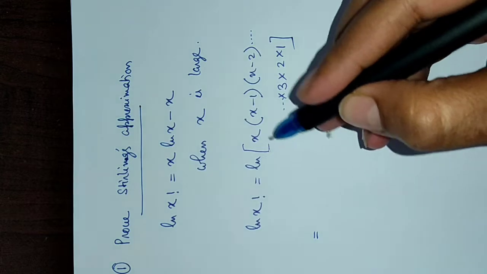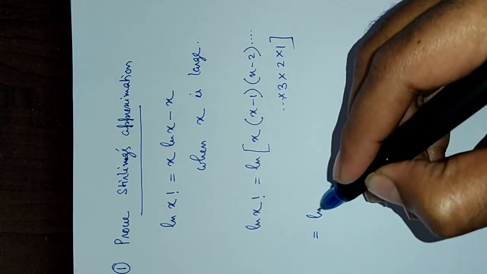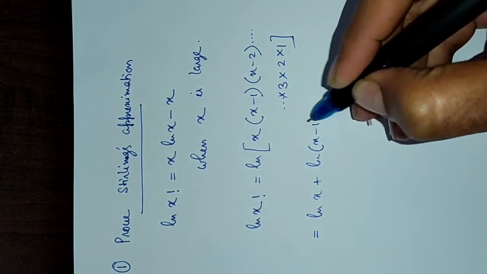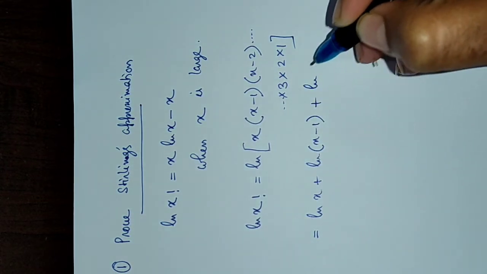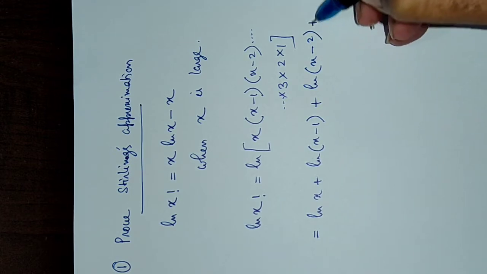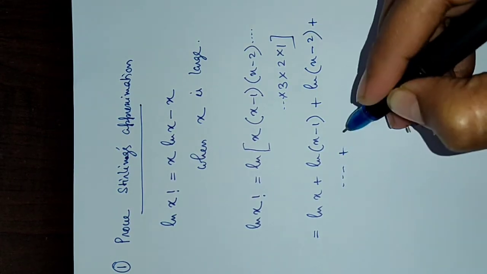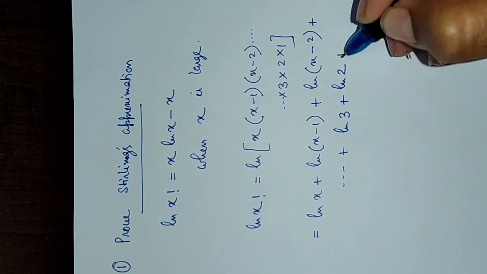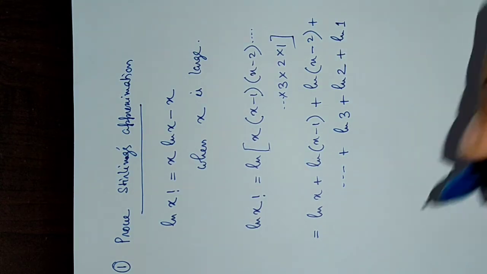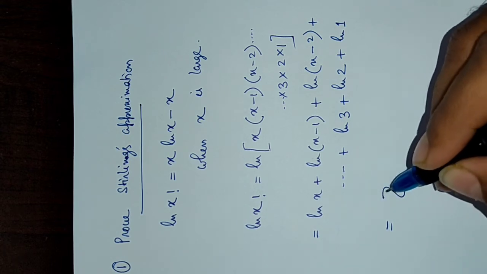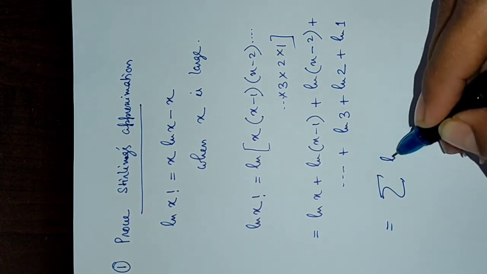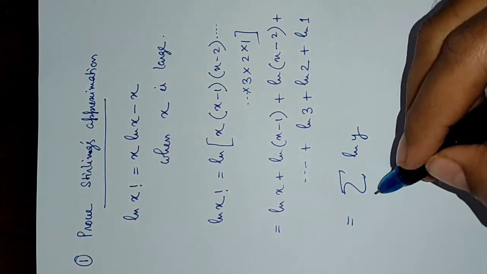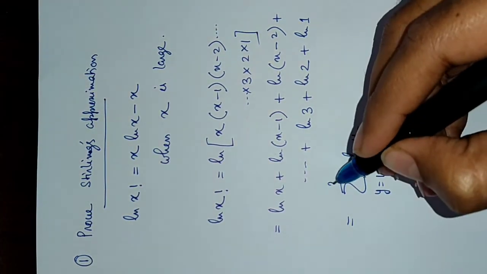When we open this bracket, we will get ln x plus ln (x minus 1) plus ln (x minus 2) plus ... ln 3 plus ln 2 plus ln 1. So we can express this series as summation over ln y, where y will run from 1 to x.